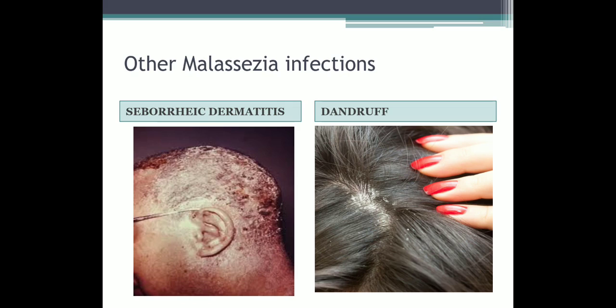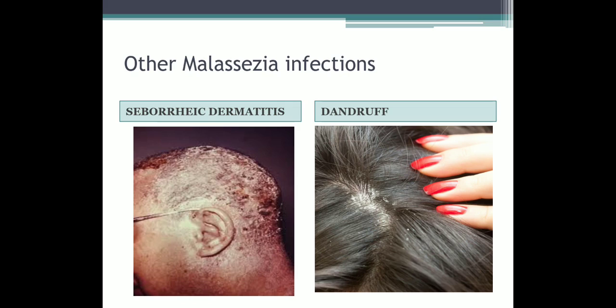Apart from pityriasis versicolor, Malassezia also causes seborrheic dermatitis, atopic dermatitis, dandruff, folliculitis, and systemic infections, especially in immunocompromised individuals who are septicemic or who have pneumonia. They are also known to colonize IV lines and catheters.